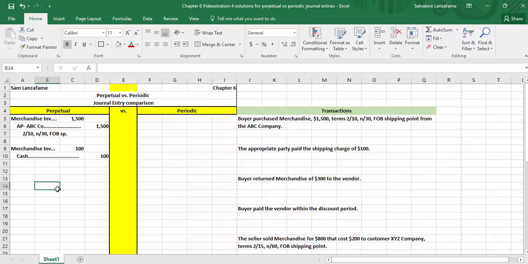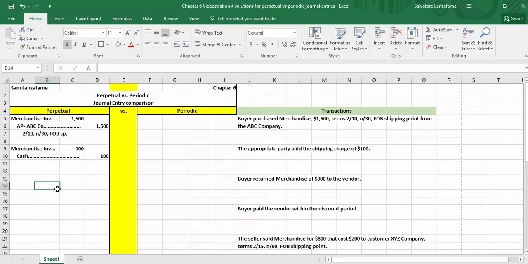So if I were to turn around and sell this inventory for, oh, let me sell it for $1,550, thinking I only spent $1,500, I would be losing money because this stuff really cost me $1,600. So the shipping is part of the cost of that asset. And in case you don't remember, merchandise inventory is a current asset.